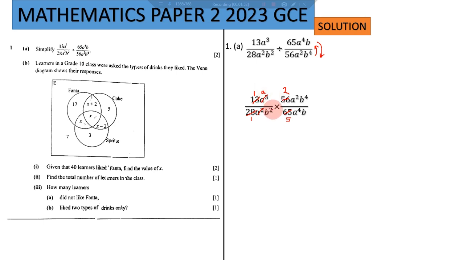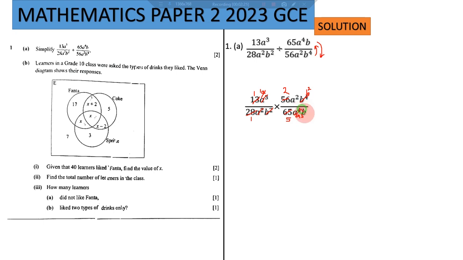Then we have b to the power 2 here, and here we have b to the power 4. If we remove 2 b's here, we remain with b to the power 2. Then we have 1a here, so we can divide a into a, that is 1, and a into this, we have a to the power 3.